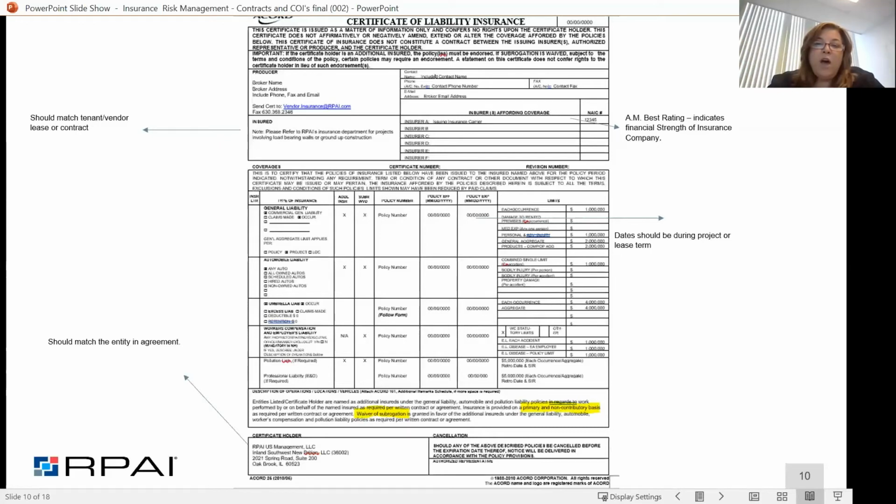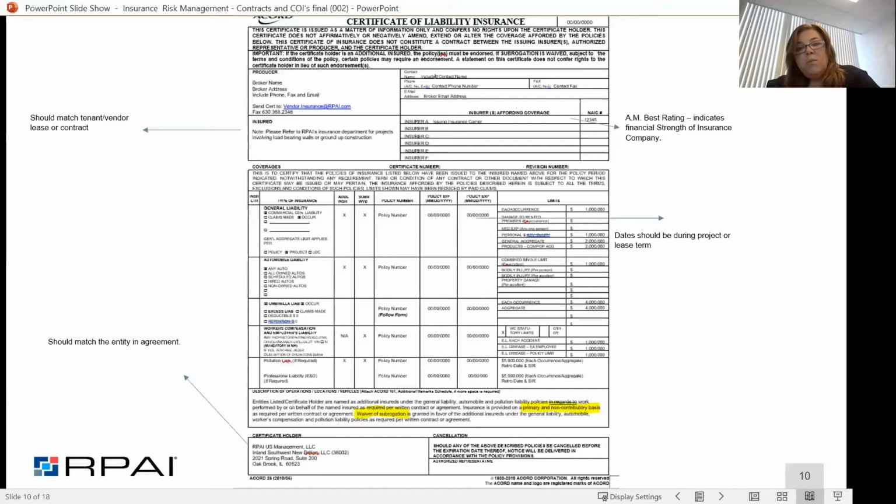We also use the insurer to look up their financial strength. It's provided by something called the AM Best rating, and a lot of contracts will require that an insurance company providing the indemnification and insurance has a certain financial strength. Usually it's no less than an A minus, and usually a size ranking of 7 or higher.